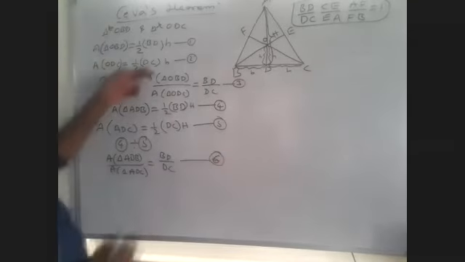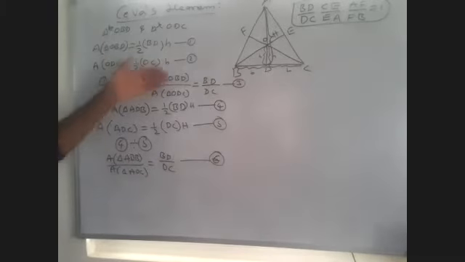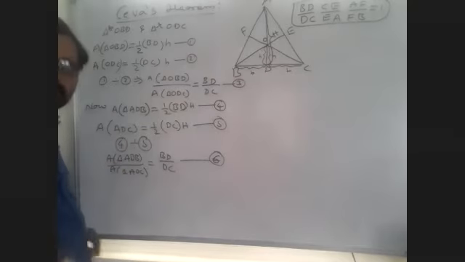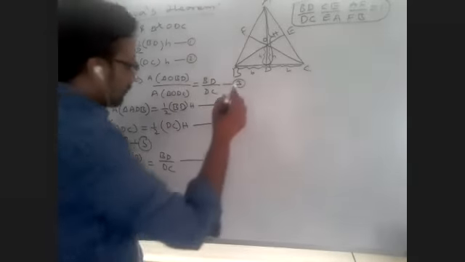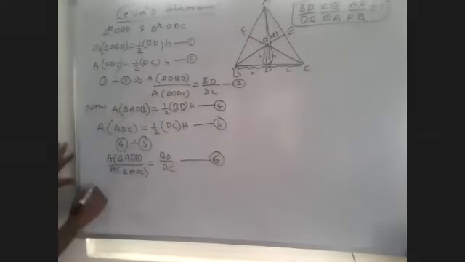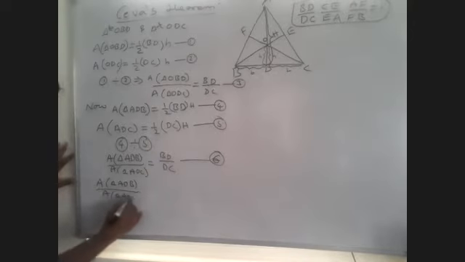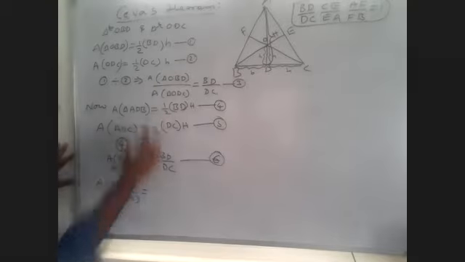If you observe, this is equal to this, and this is equal to this, so we can write this equal to this. Okay, now I am writing that, only this equal to this. I am writing here that last step. Area of triangle ADB by area of triangle ADC is equal to this one.